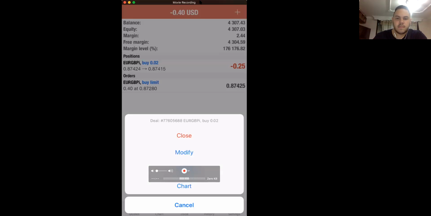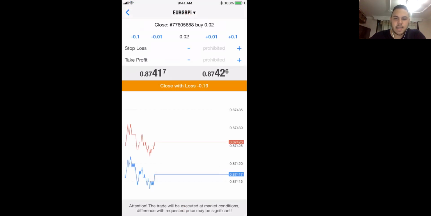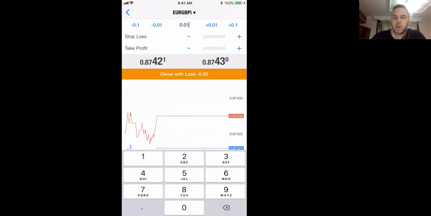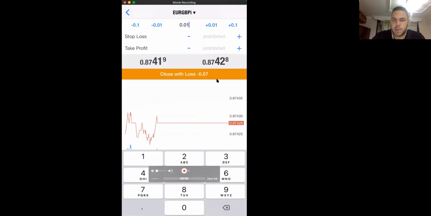You hold it, you click on close, but instead of closing right away, you come up here and change your lot size. So I have a 0.02 lot size open, but I wanna close half. So I put 0.01 and then I hit close. It's gonna close only the 0.01, because that's what I'm typing in here.